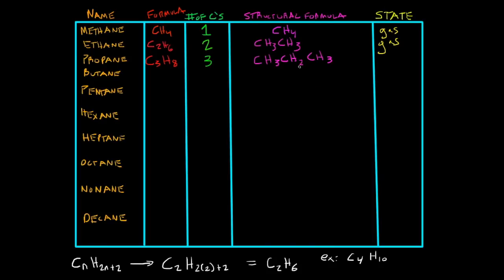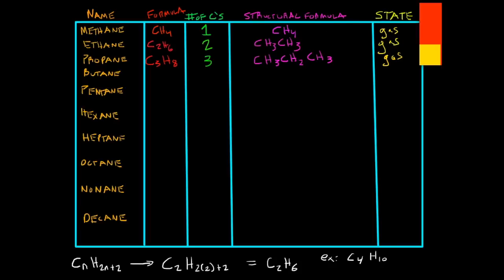If I draw it right here, the middle carbon is bonded to 2 carbons, so it only has room for 2 more bonds, because carbons can only have 4 bonds, whereas the end ones have room for 3. That's the reason why the middle one is not an H3, it's just a CH2. So propane is still in the gas state.